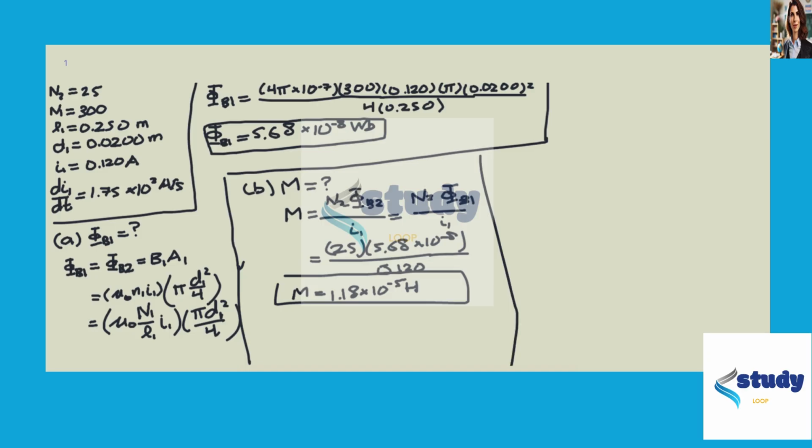Good. And then wrap things up with part C, which is asking for the induced EMF in the second coil. And so we just use this formula.